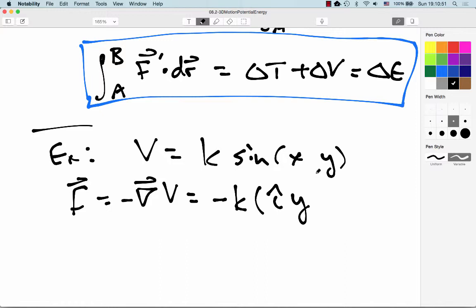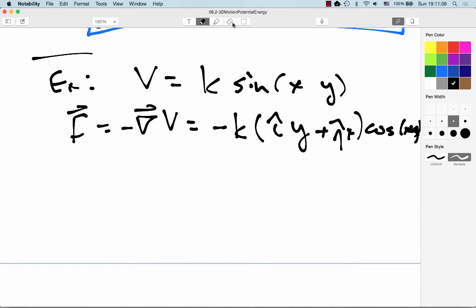Differentiating with respect to y gives me x, so plus j hat x cos xy. So that's my force.